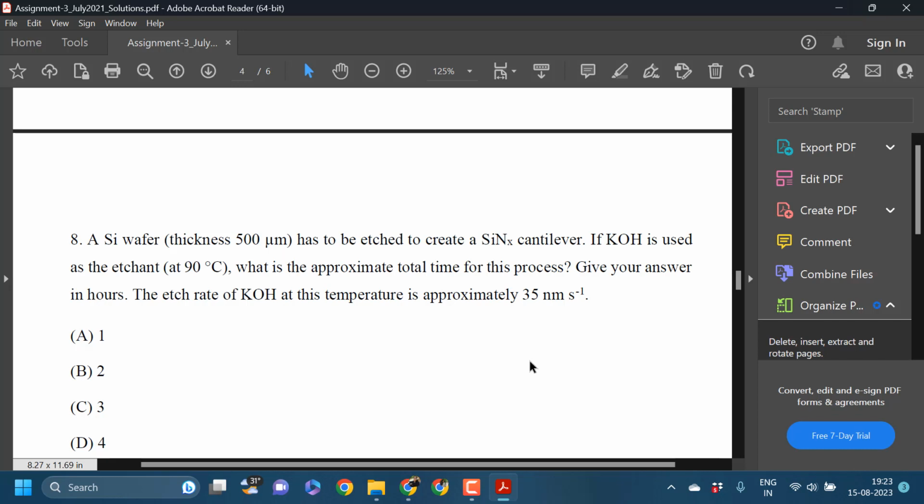And the rate at which it will be eaten is given, 35 nanometers per second.